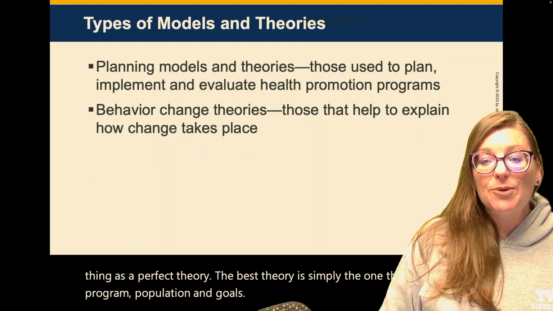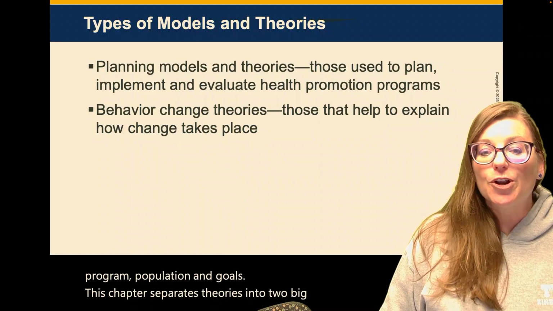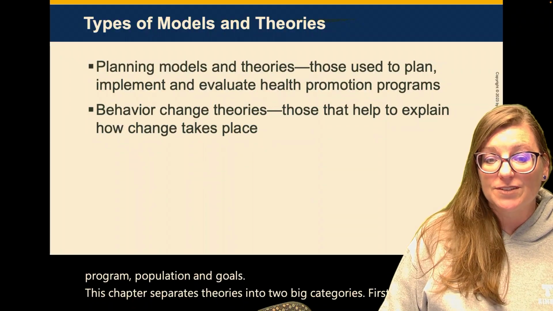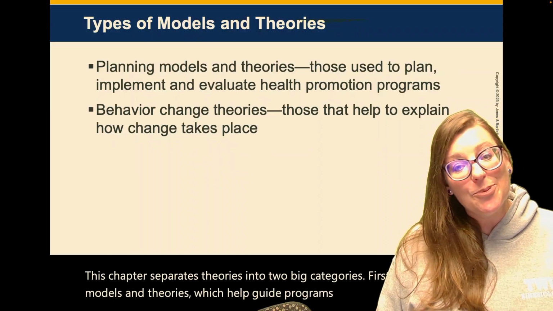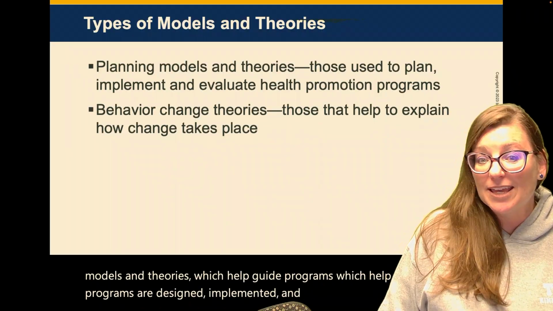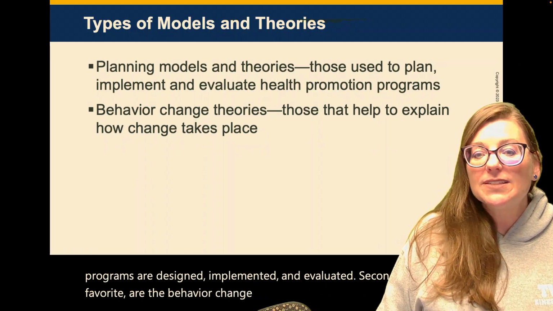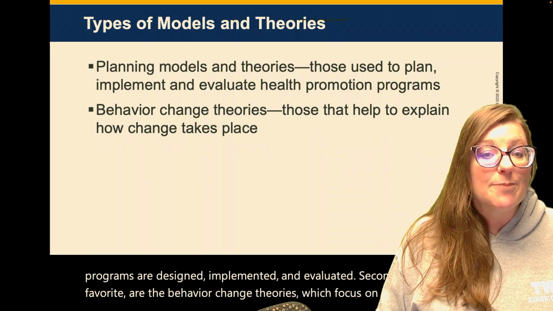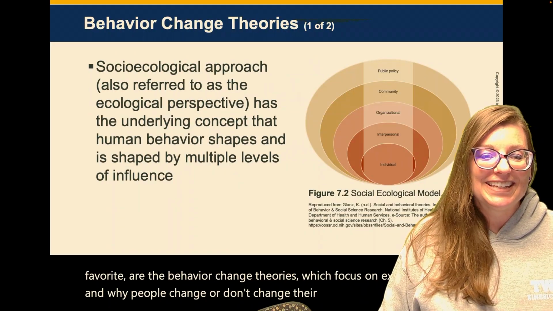This chapter separates theories into two big categories. First are planning models and theories, which help guide how programs are designed, implemented, and evaluated. Second, probably my favorite, are the behavior change theories, which focus on explaining how and why people change or don't change their behaviors.